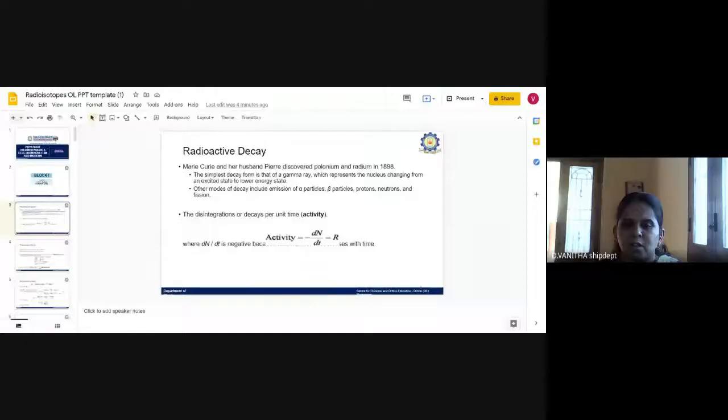Here dN by dt, the disintegration per unit time, is negative because as time increases, the number of particles in the radioactive element is decreasing. So we put the minus symbol here.